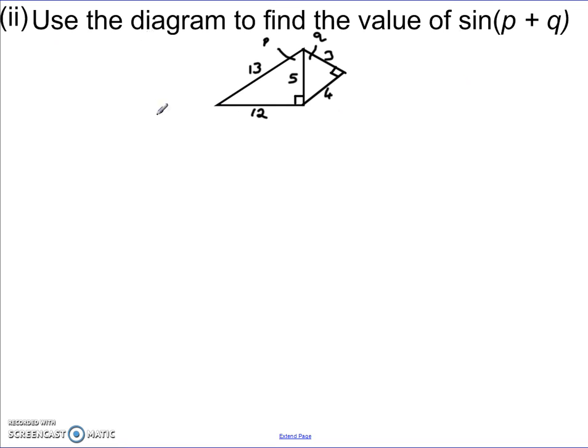Second question was, using this diagram, find the value of sine of P plus Q. Now again, P plus Q is not something you can just write down. You can't just assume it's one angle. You have to use an expansion on this and get the individual parts.